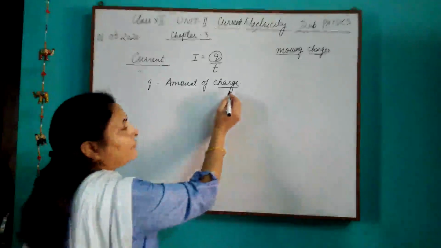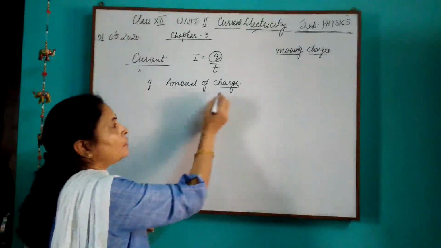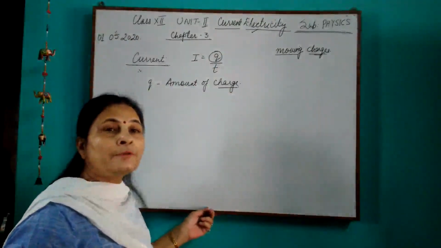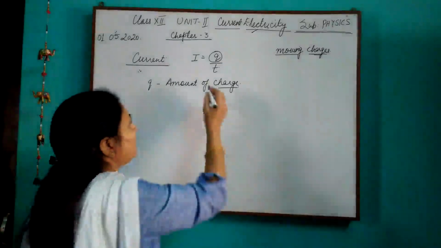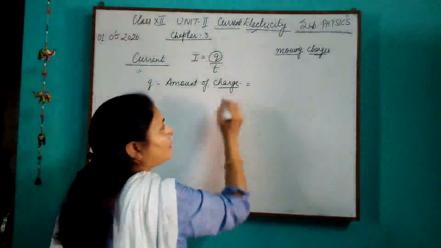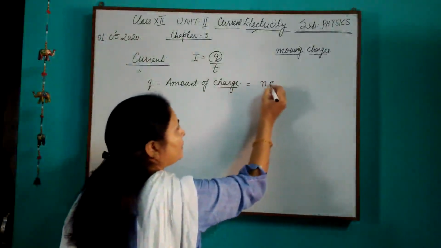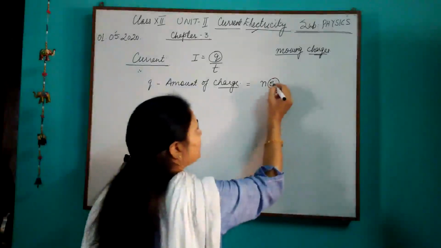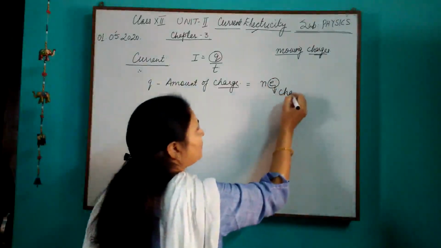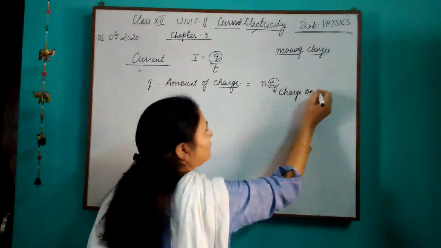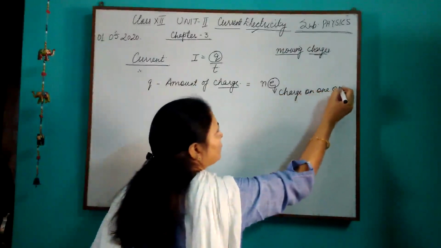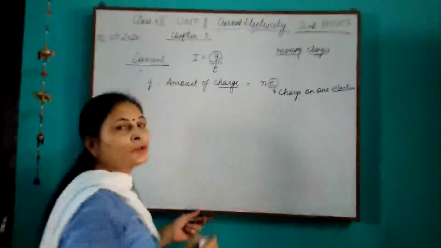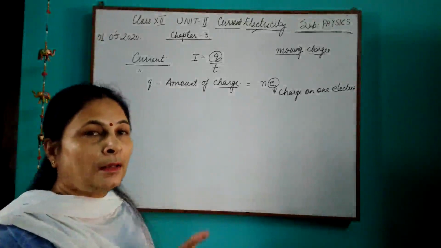Now, amount of charge, and this Q should not be confused. How? See, amount of charge will be equal to N E, where E is the charge on one electron.